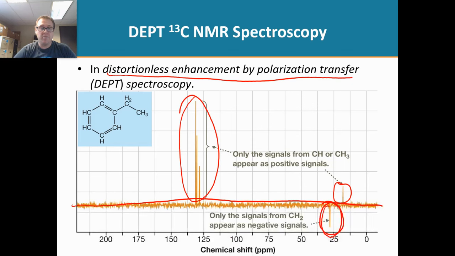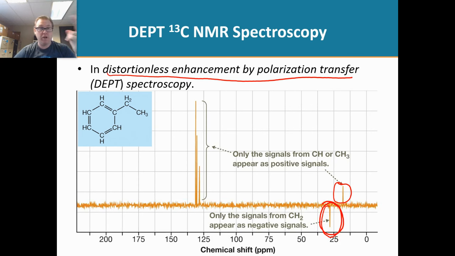But in DEPT NMR, you have a top half and a bottom half. And if you have signal on the top half, it's going to be two types of carbons. It's going to be a methine carbon or a methyl carbon.